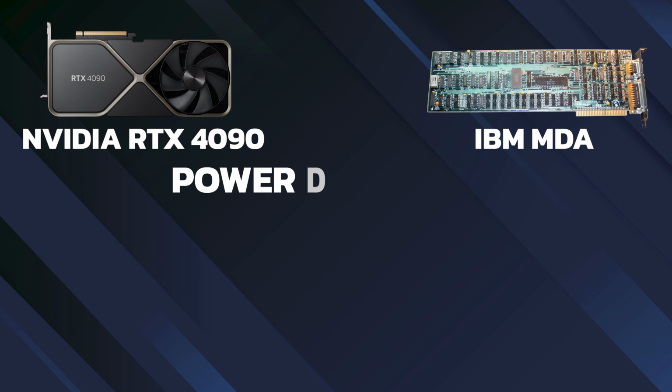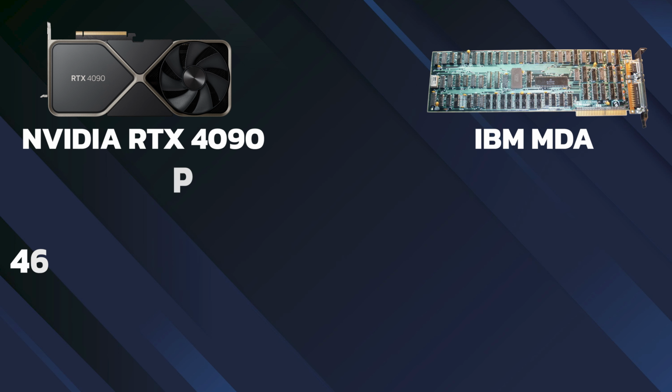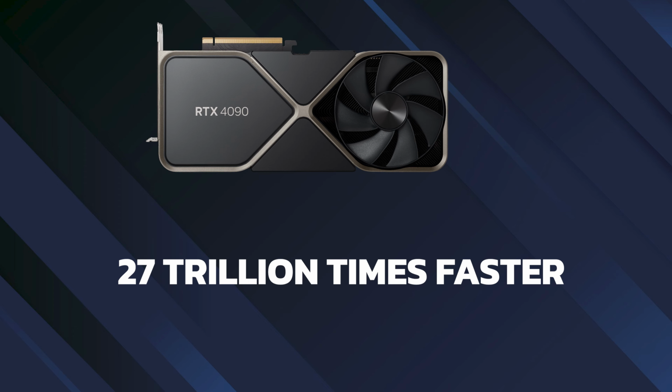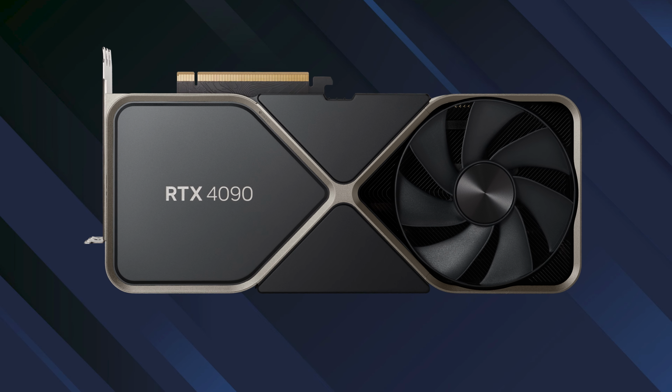Power difference: 461 x 6 million x 4,400 x 3 is equal to approximately 27 trillion times. In conclusion, we can say that there is a power difference of approximately 27 trillion times between the RTX 4090 and the IBM MDA. This is a clear indication of how far technology has advanced.